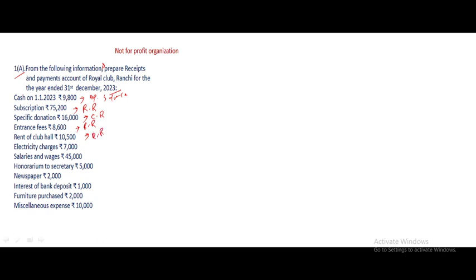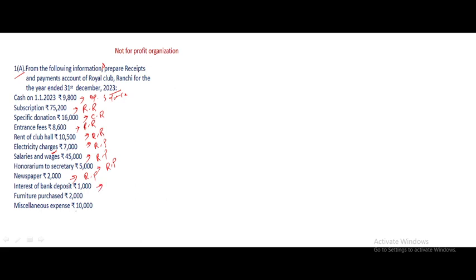revenue receipt. Electricity charge means we paid for electricity, this is revenue payment. Salary and wages paid to employees, this is revenue payment. Honorarium is also a revenue payment. Newspaper 2000 means we purchased newspaper for 2000, this is also revenue payment.